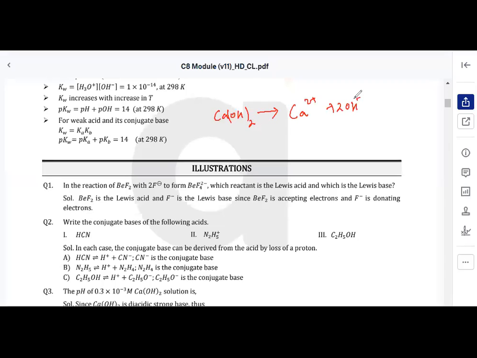Agree, everyone? If the concentration of Ca(OH)2 is A, then initially the products are 0 and 0, and after the reaction is completed, it will be 0, A, and 2A. Any issues in this? Because it is not a reversible reaction, it is an irreversible reaction.